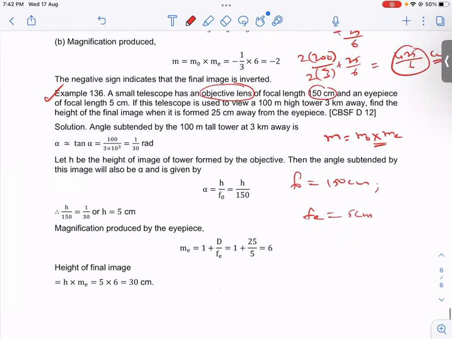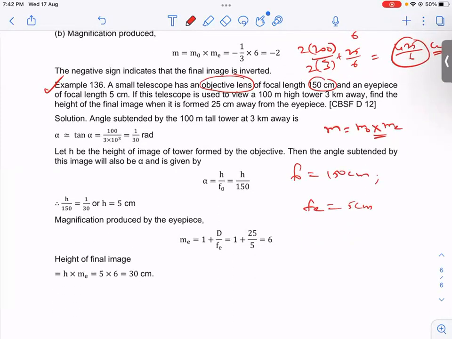If this telescope is used to view a 100-meter high tower, so height of the object is 100 meter and u naught is 3 kilometer with a negative sign. Find the height of the final image formed when the final image is formed at v_e equal to minus D, or minus 25 centimeter.